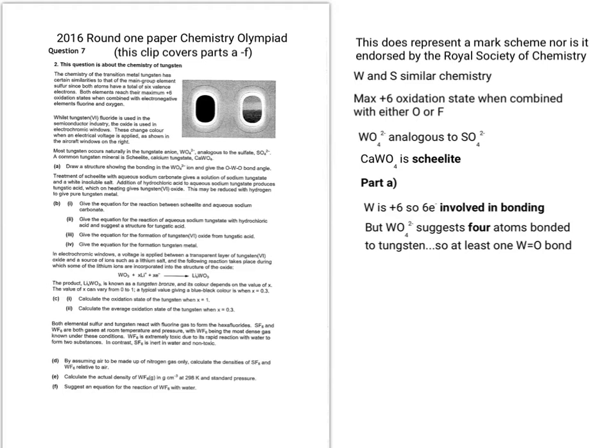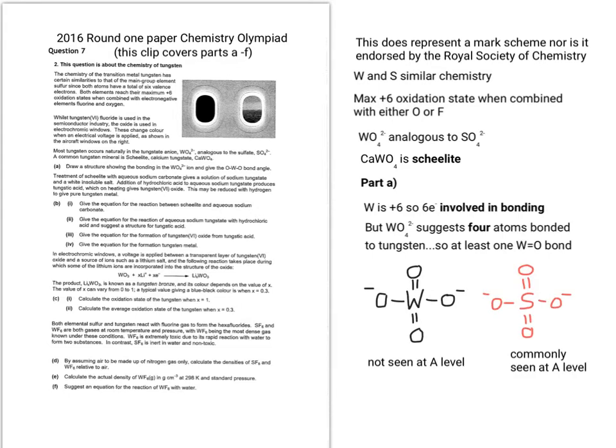So that would mean in turn that there's at least one W=O bond. So in its simplest displayed form, it would look like that because that's analogous to the sulfate ion. So obviously the reason that they told you that it was analogous to the sulfate ion is because many people would have seen the sulfate ion's displayed formula at A level.